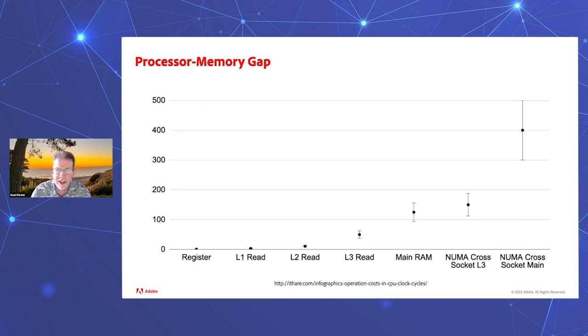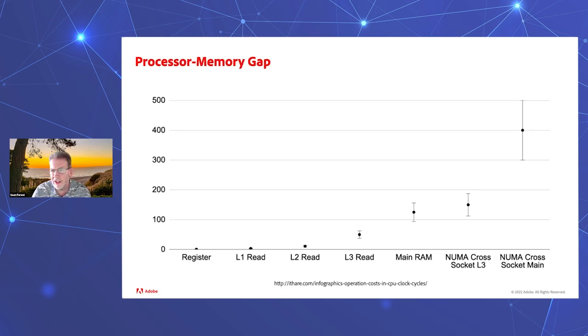So if we look at that processor memory gap, what that's led to is a very deep memory hierarchy, where we have register operations that execute in typically one or less cycles. An L1 read, you're looking at on the order of 8 to 10 cycles.